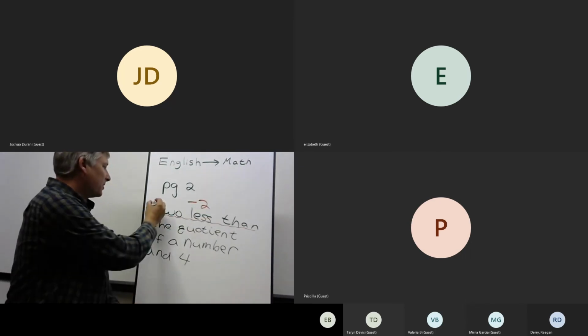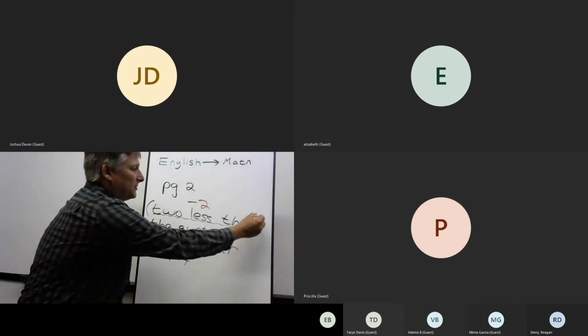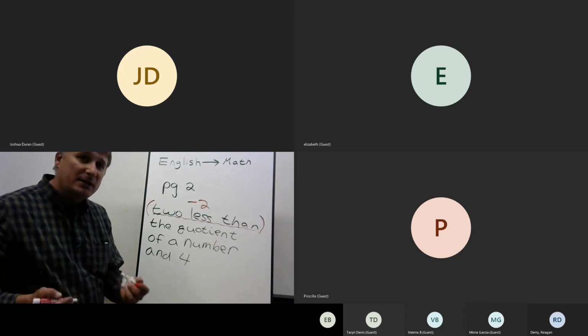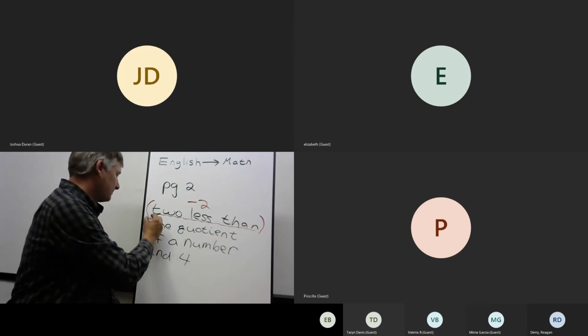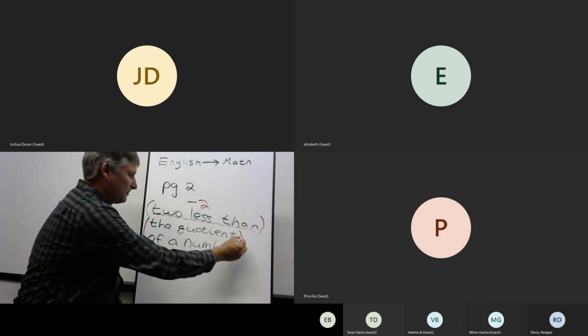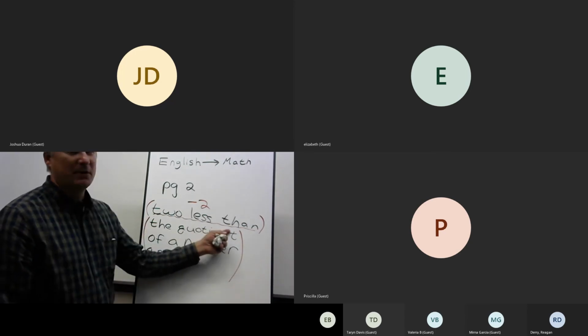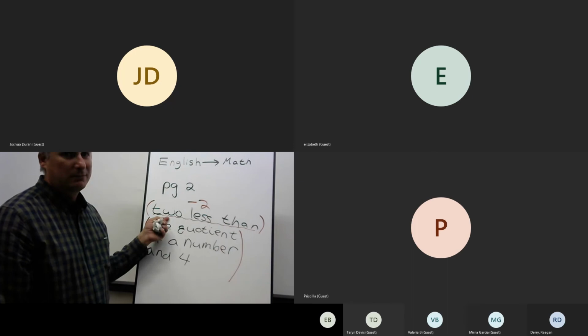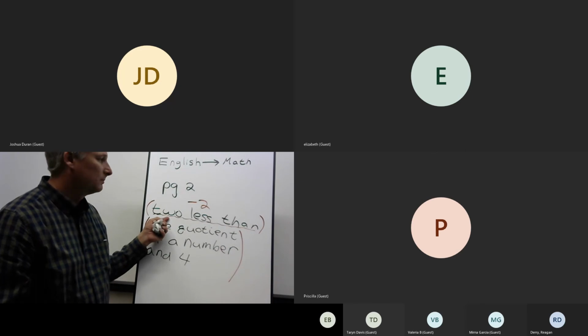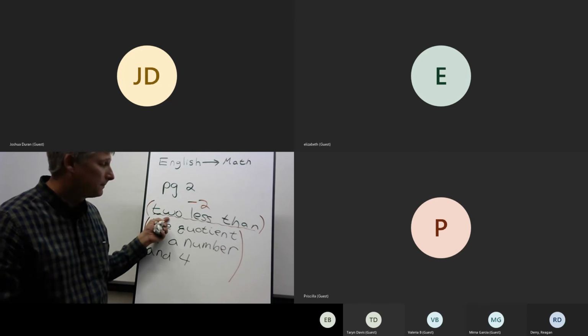So this is the first part. I'm sorry, the second part. We need to decode the first part. So in this particular statement, the second part shows up first in the subtraction. It's just the way this statement works.